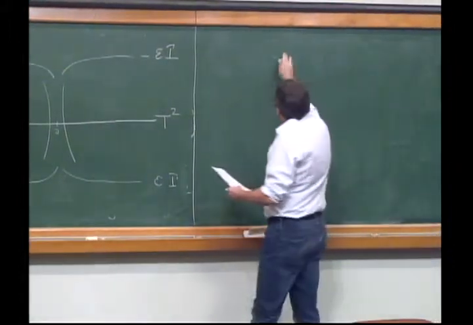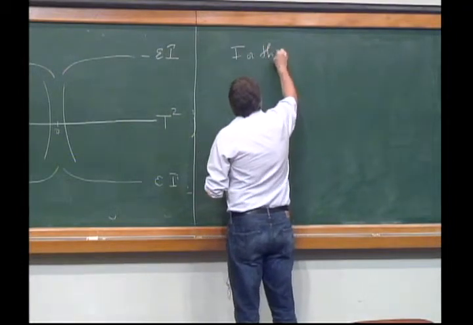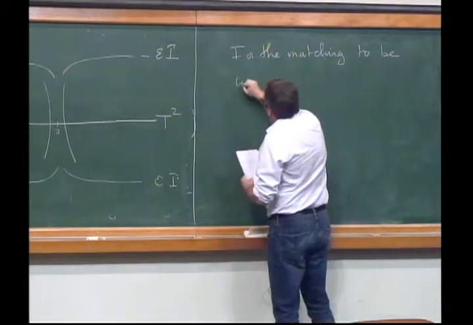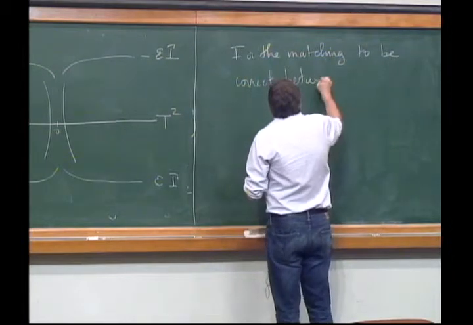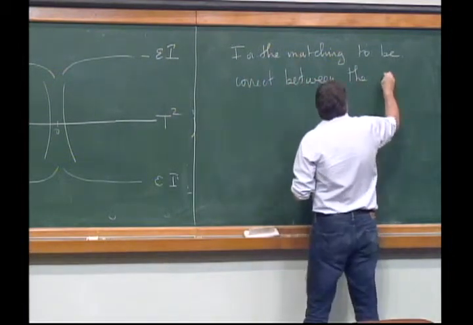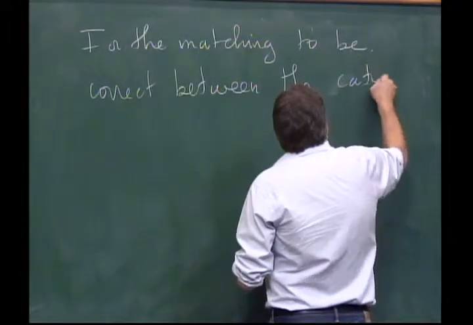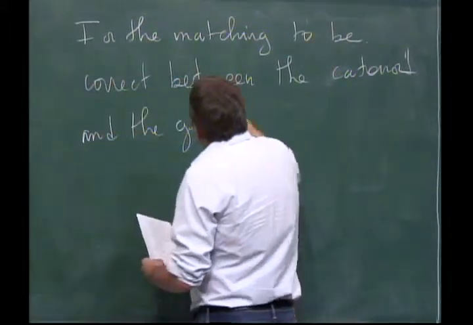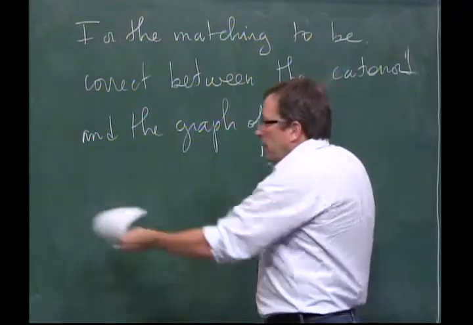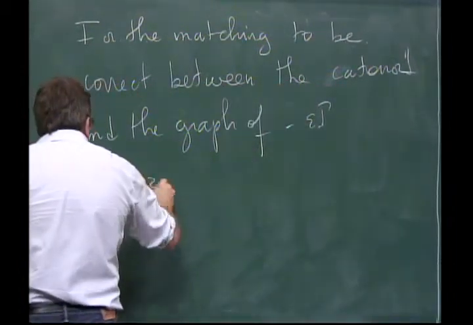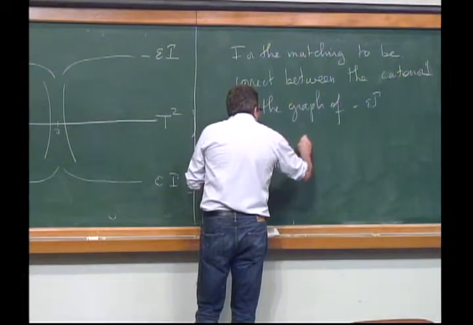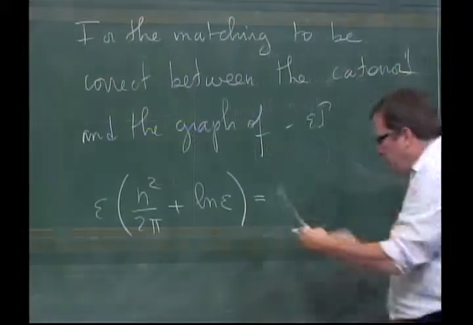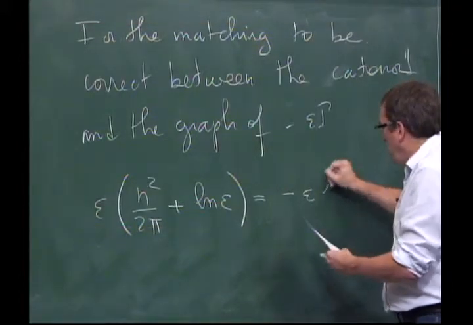What you find out is that for the matching to be correct between the two expansions, the upper end, the catenoid, and the graph of minus epsilon gamma, and the other one here, then this 2 pi plus log epsilon has to be, roughly speaking, equal to minus epsilon log epsilon.